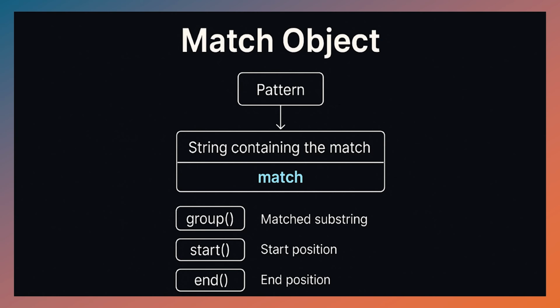We can call the .group function to get the exact part of the text that matched. If we want to know where the match starts and ends, we can use .start and .end on the match object, so they give us the index positions inside the string. This is super useful when you are trying to extract, highlight, or replace specific parts of text.